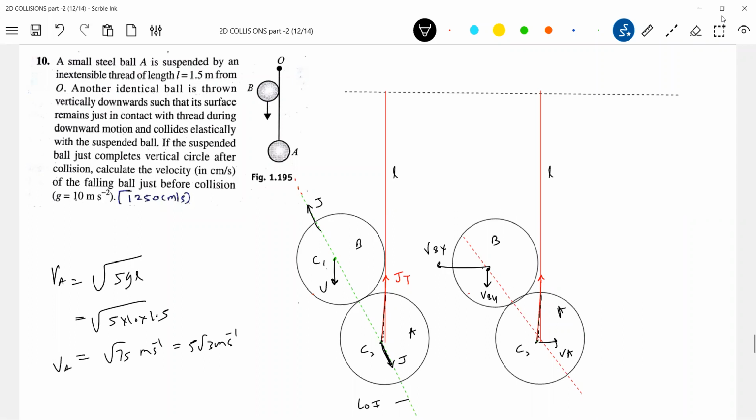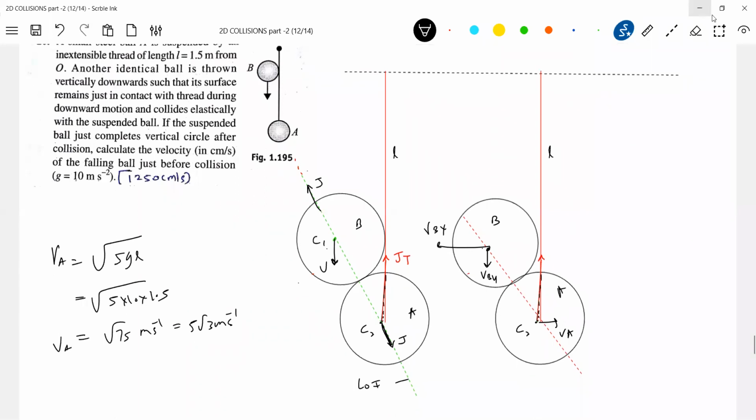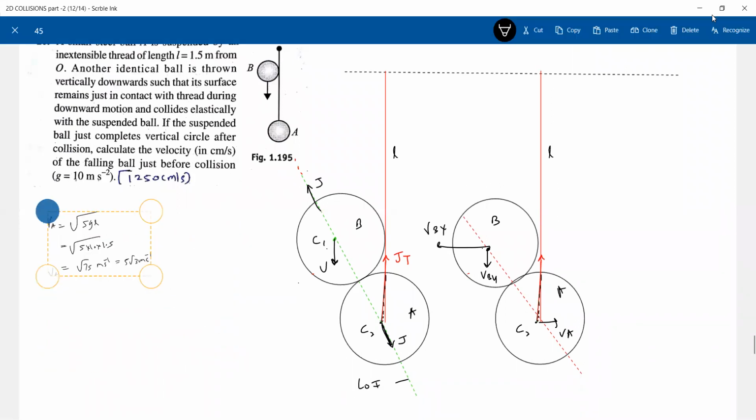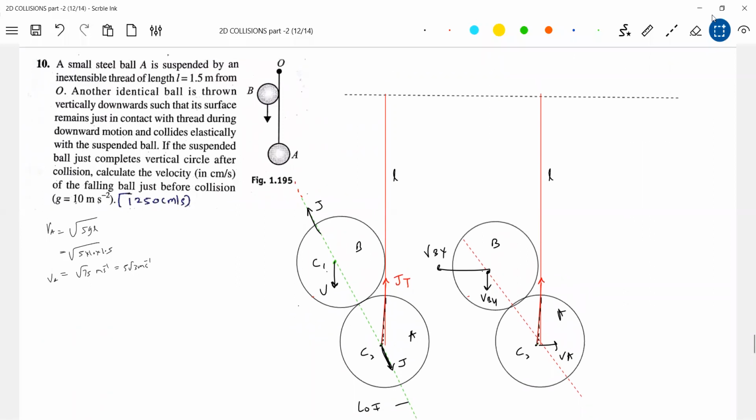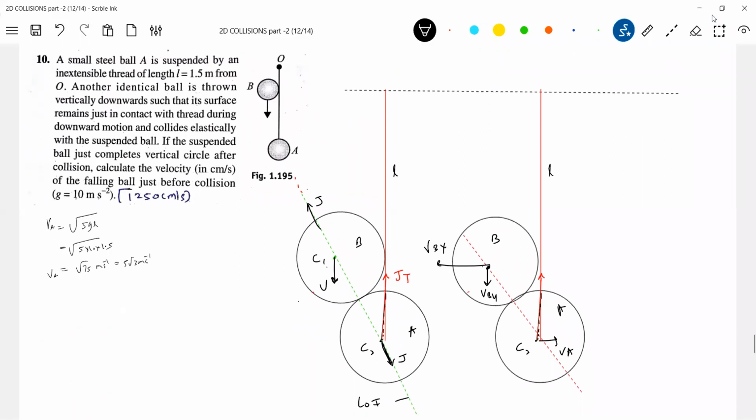Okay, clear this. Then after getting VA, can we calculate VBX? Momentum must be considered. Initial momentum along the x-axis is 0. So final momentum should be, let's write it here. Initial momentum 0.